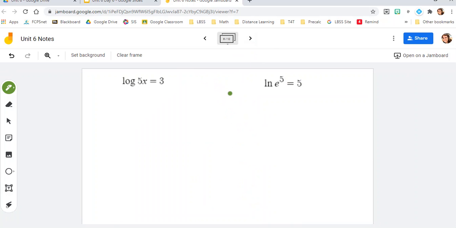So there's 2 properties that we want to make sure we remember about logarithms. They're going to come in handy, especially if we were to convert these two from log form to exponent form. So when I look at this, I notice there's no base written under this first one, and there's no base on the ln over here. So remember that ln, this is an L, not an I or a 1, is the natural logarithm. So it has the same properties as log. It just uses the value of e instead.